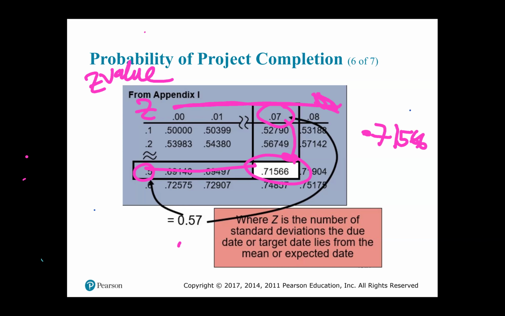To 2 decimal places, the probability is 0.72, or you have a 72% chance of delivering the project on or before week 16. Now I know that was a lot, right?